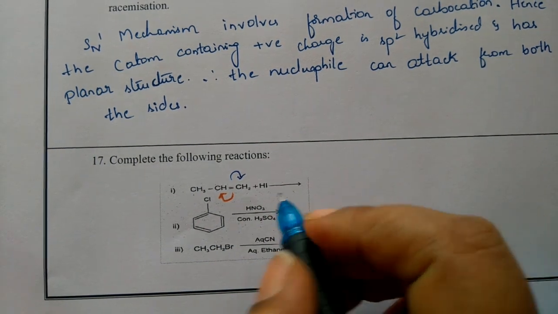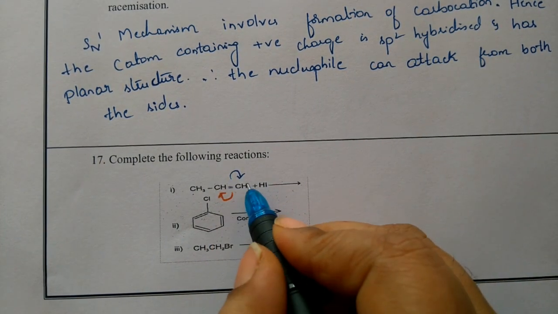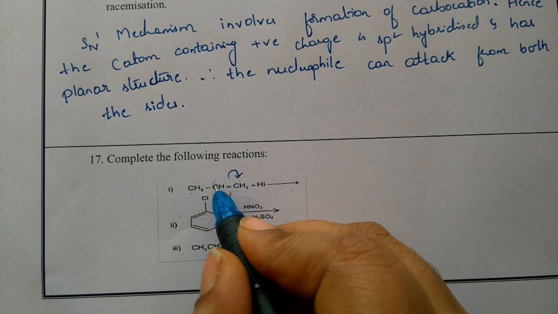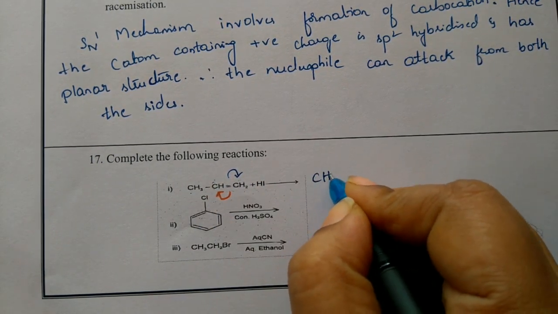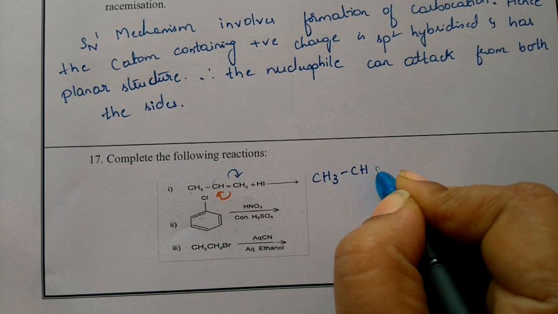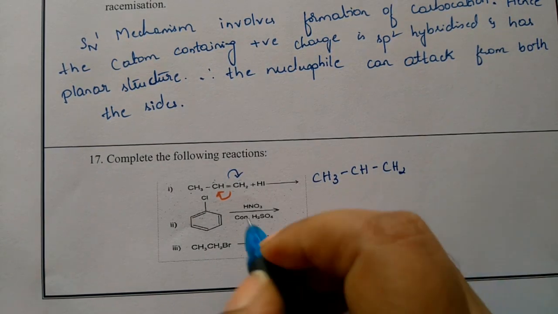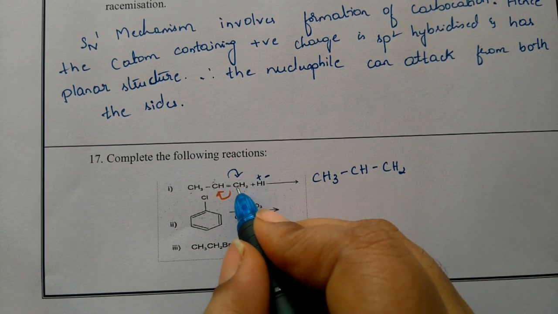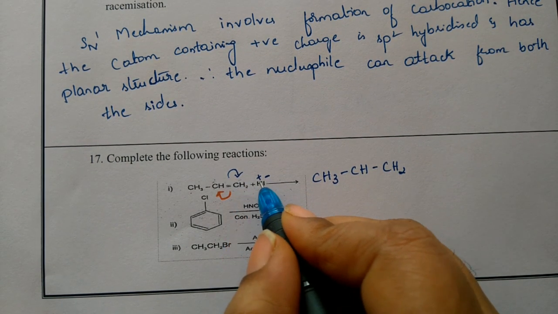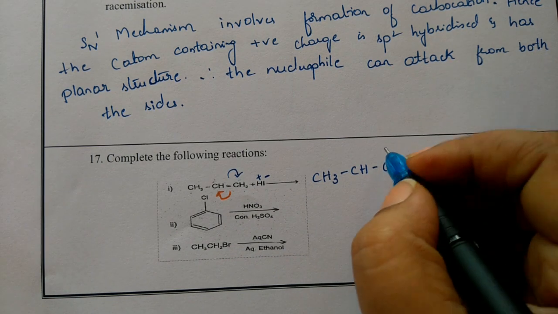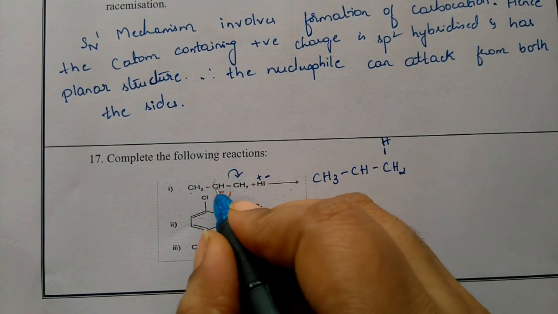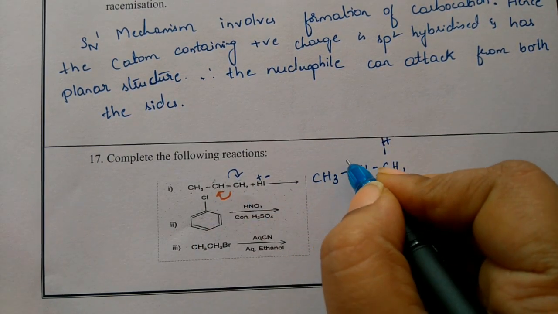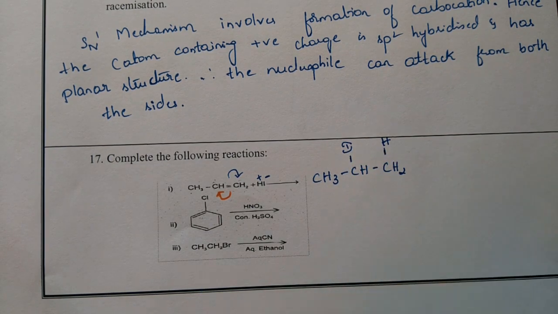If it shifts on the first one, then this gets negative, this gets positive. So we have CH3 CH CH2. HI dissociates as H plus and I minus. If it shifts here, then this gets negative, so hydrogen will be added here. And if this is positive, then iodine will be added here.